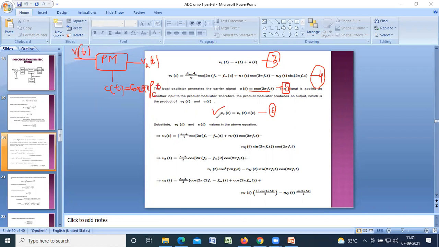Next, now in the 6th equation, you have to put the value of v1(t) and c(t). Which one is your v1(t)? Equation number 4. And what is the value of c(t)? That is equation number 5.